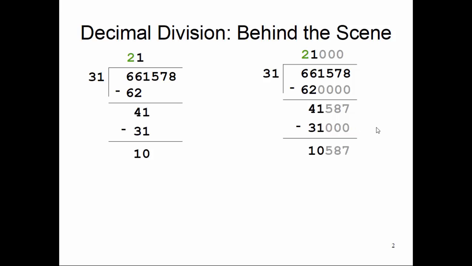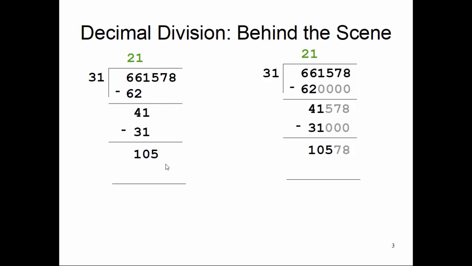Subtraction becomes 10,587. Then on the paper pencil side, we bring down the 5, and then I can multiply 31 with 3 to go to the nearest value of 105, which is 93. Subtraction result 12. Behind the scene, we are actually multiplying 31 by 300, and that gives us 9,300, and we are subtracting, getting 1278.